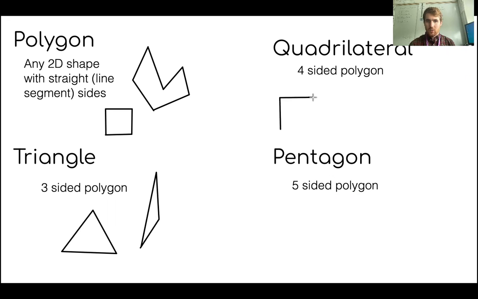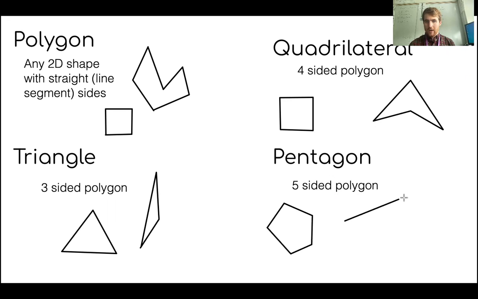Quadrilateral could be a square, or it could be some weird 4-sided shape like that. Pentagon could be a pentagon that has all sides about the same length, or anything that has 5 sides, 3, 4, 5. That's a pentagon. So polygon is any kind of 2-dimensional shape.